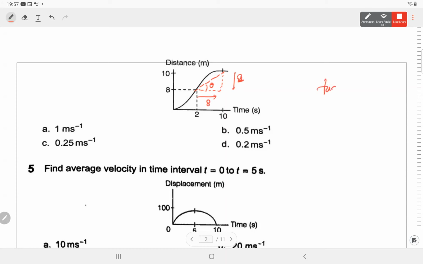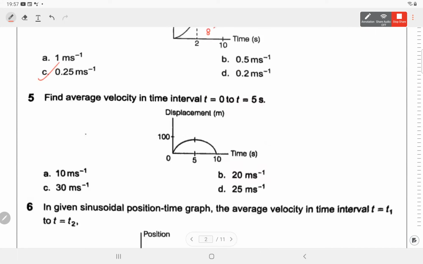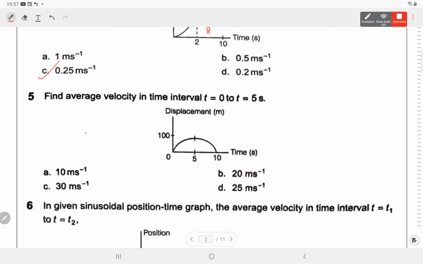Average velocity is the slope of the line joining the two points, which is 1 by 4, so that becomes 0.25. Find the average velocity in the time interval 0 to 5. Again, join that line, find the slope of that line.